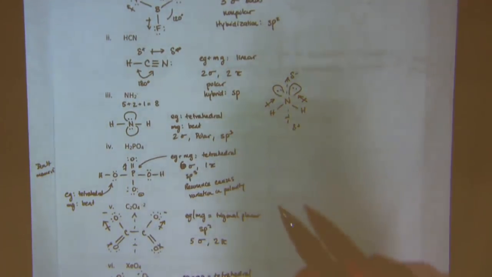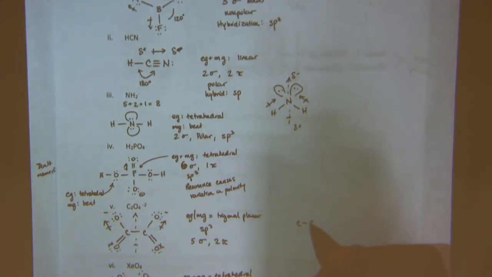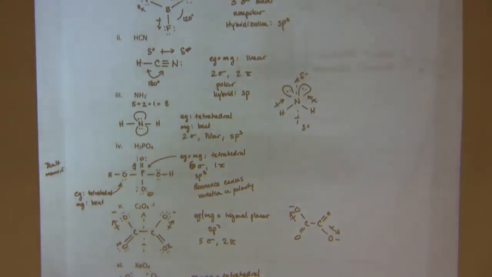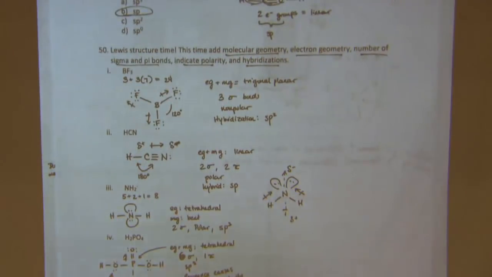If we were to draw it like this instead, we would have dipoles drawn in this way and dipoles drawn in this way. You see how the directions are opposite to each other? They would cancel out in that case. But in this case, they go in the same direction, so they build on each other. So that's what it means when you say it depends on the resonance. Does that answer your question? Cool. Do we have any questions about Lewis structures?